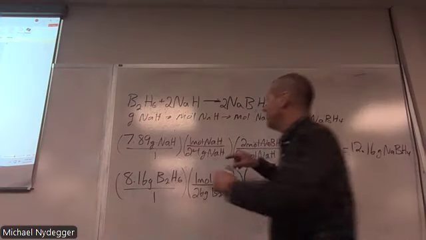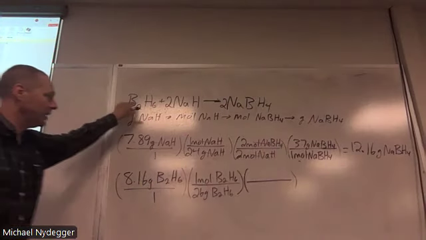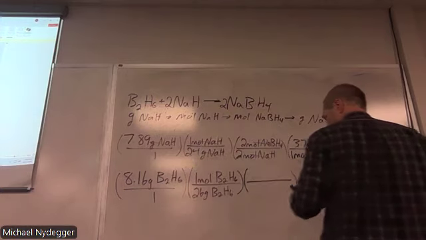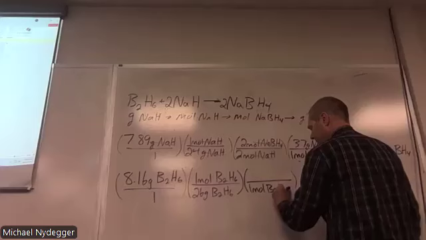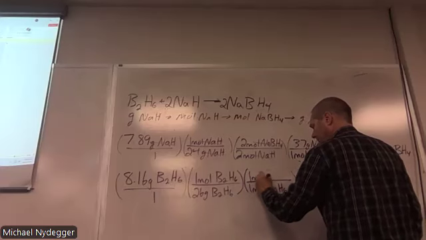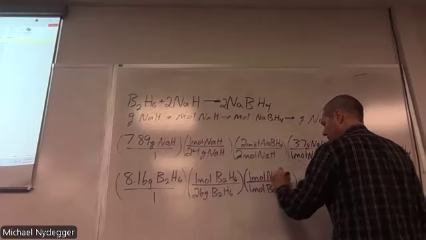Now I look at the mole ratio. I have for every 1 mole of diborane, I have 2 moles of sodium borohydride. So 1 mole diborane, 1 mole sodium borohydride.